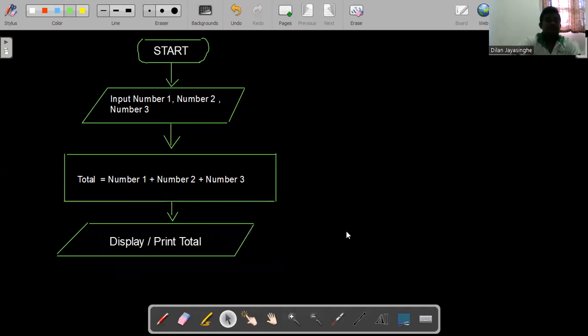Like this. Now, thereafter, what do we have to do? We can end the program. Finish. After the process of output, it finished. Nothing else further.